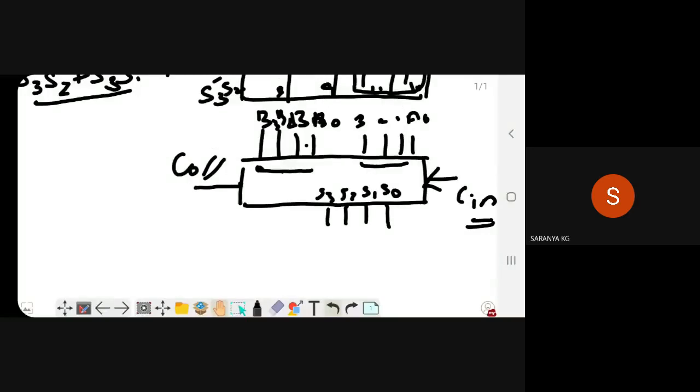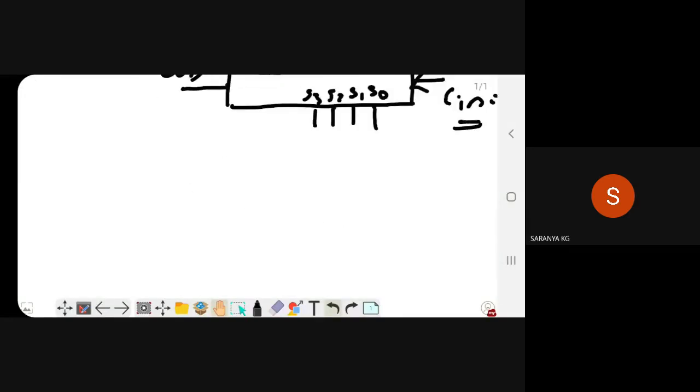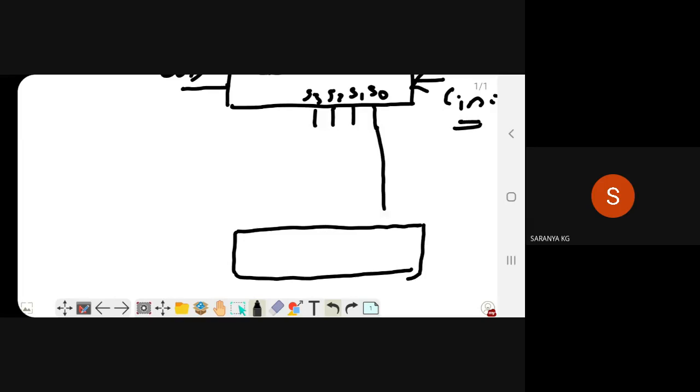Again, I want to use another 4-bit parallel adder for the first 4 inputs. I want to give S3, S2, S1, S0 directly. That is nothing but adding 6 with the result.